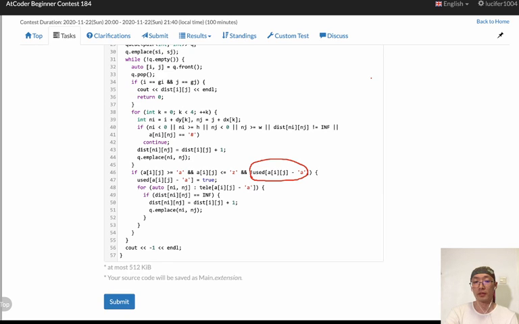So with this optimization, we will get a total time complexity of n times h times w, which is acceptable. Now let's go to the final problem.